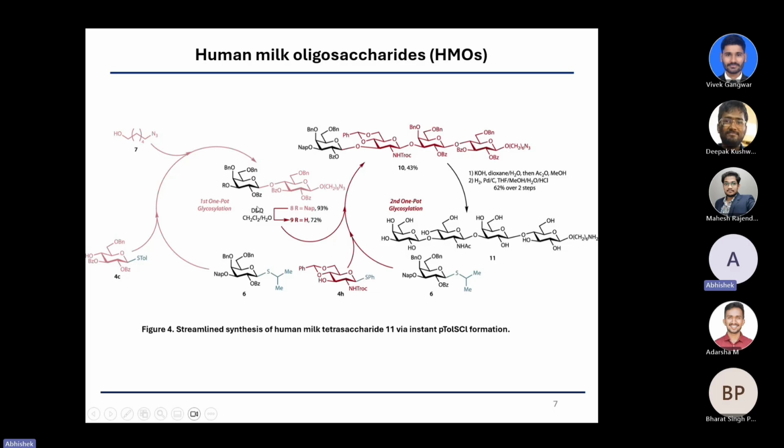Then reaction with DDQ in DCM solvent deprotects the naphthyl group to form the acceptor.